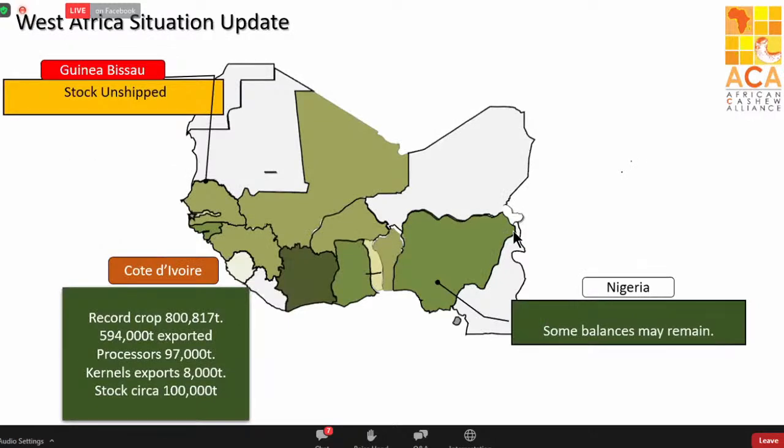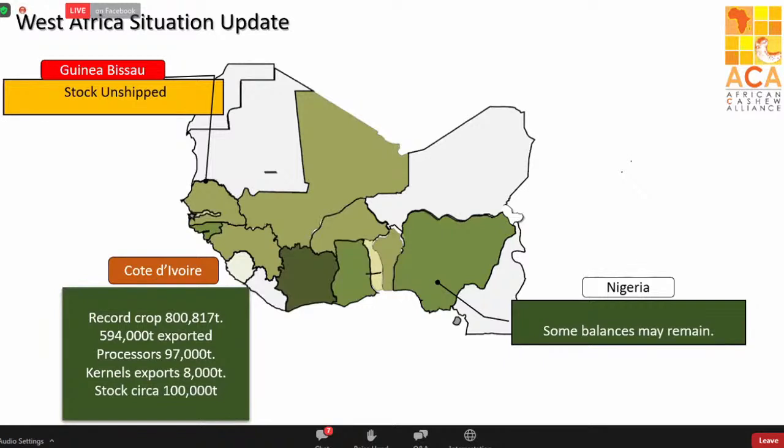Looking at Africa, the season in West Africa has come to an end. I suppose the three notable things I would say are a record crop in Cote d'Ivoire, meaning Cote d'Ivoire is the number one grower of cashew nuts in the world in 2020, and a high level of exports, with stock estimated somewhere around 100,000 tons. It may be a little bit less than that.